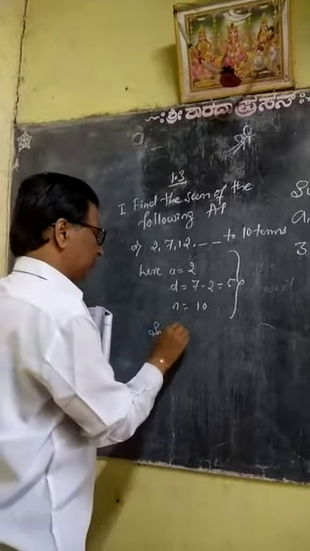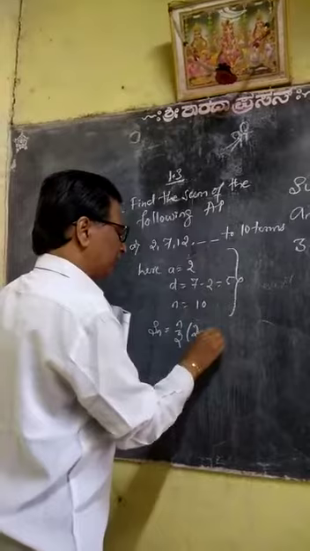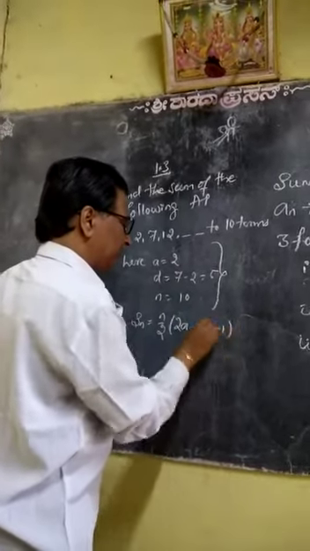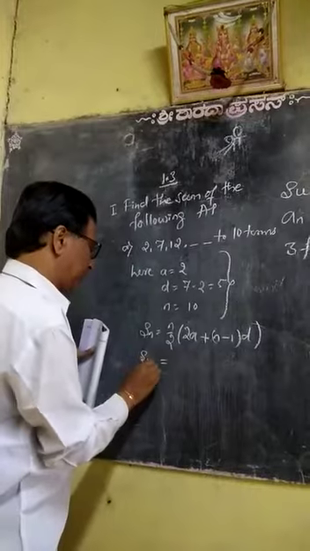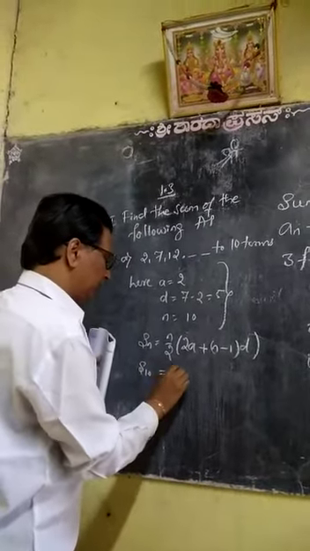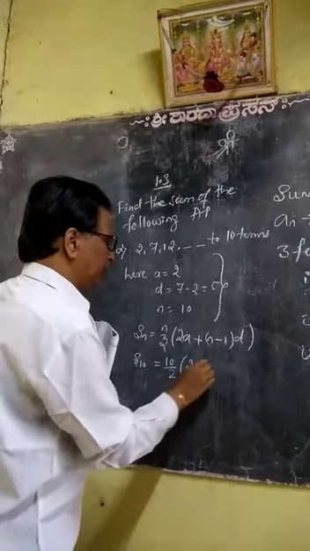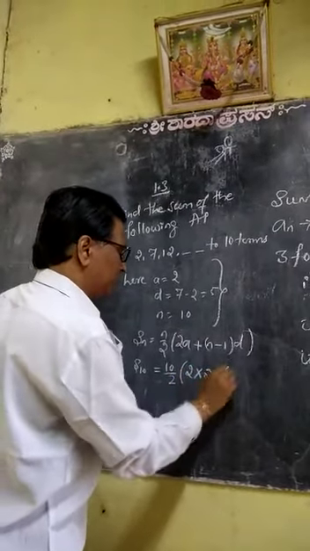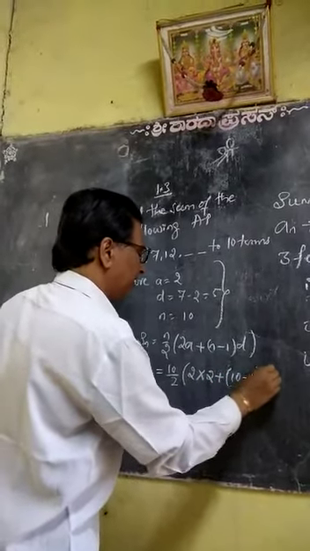Sn is equal to n upon 2 into bracket 2a plus n minus 1 d. So S10, n means here 10. So S10 is equal to 10 upon 2 into bracket 2 into a, here 2, plus n is 10 minus 1 d, here 5.